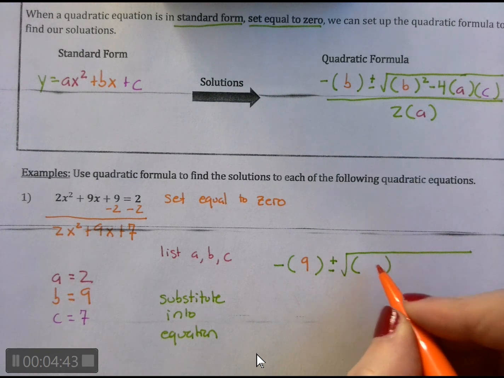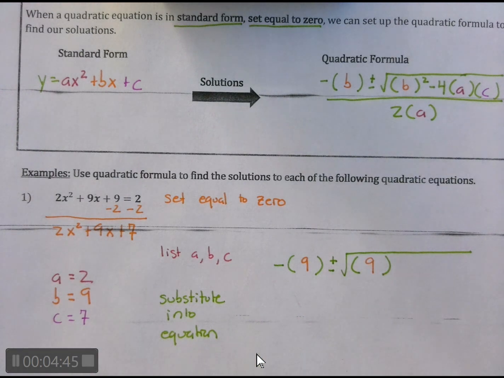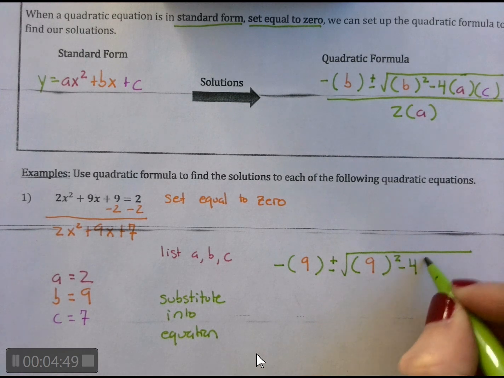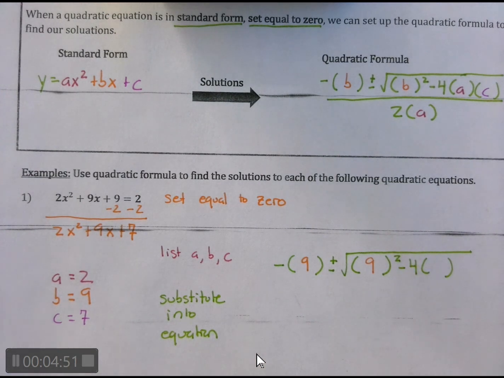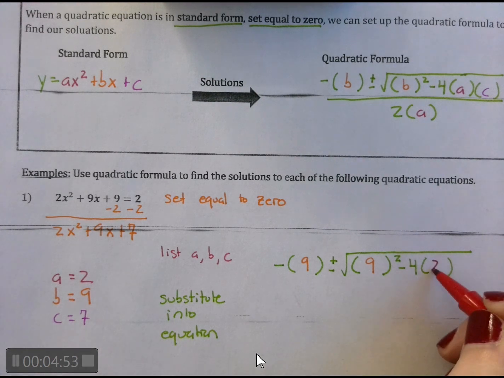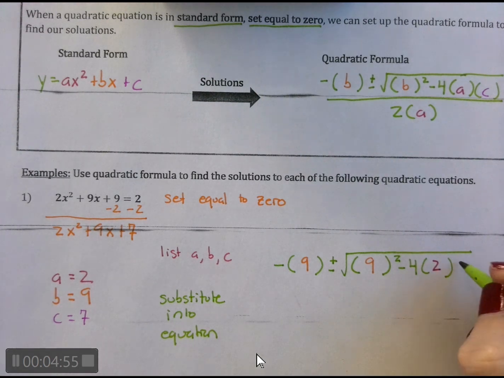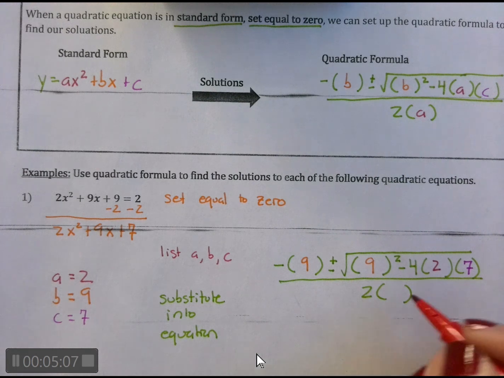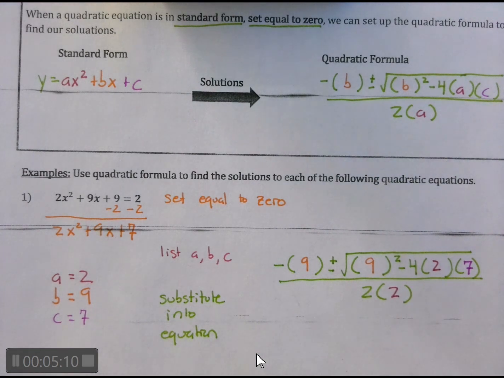Our b is 9. We're going to square that, minus 4 times our a, which is 2, times our c, which is 7, all divided by 2 times our a, which is 2. Okay?